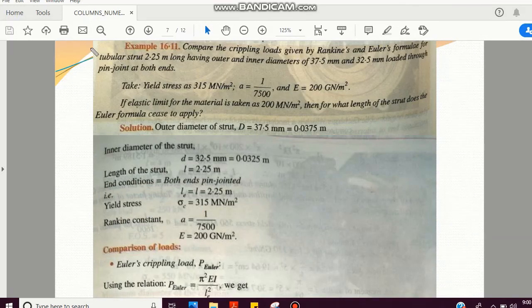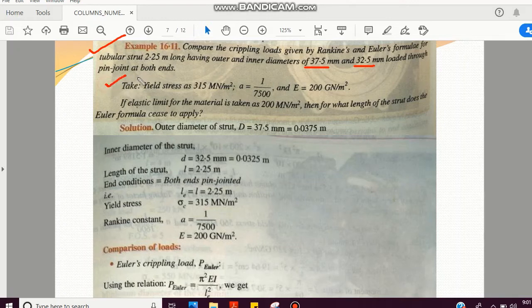The next numerical says that compare the crippling load given by Rankine's and Euler's formula for tubular strut 2.25 meter long, having outer and inner diameter 37.5 millimeter and 32.5 millimeter, loaded through pin joint at both ends.